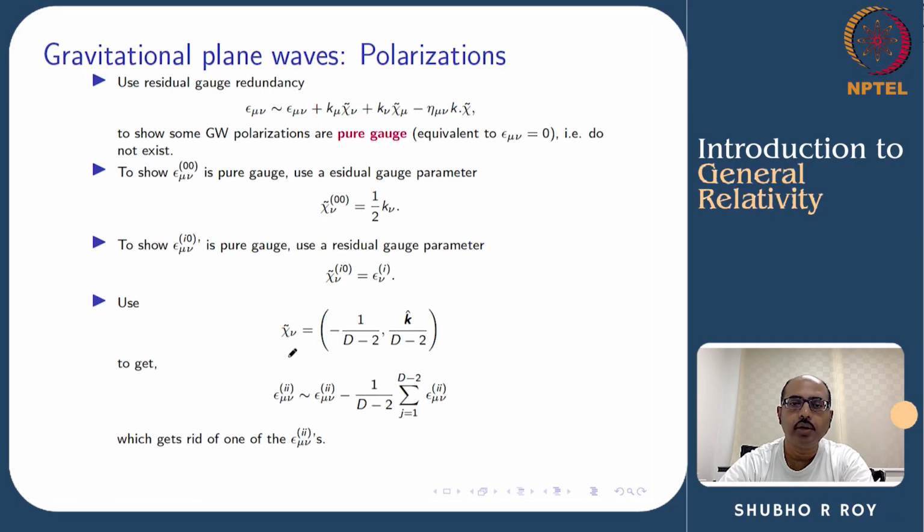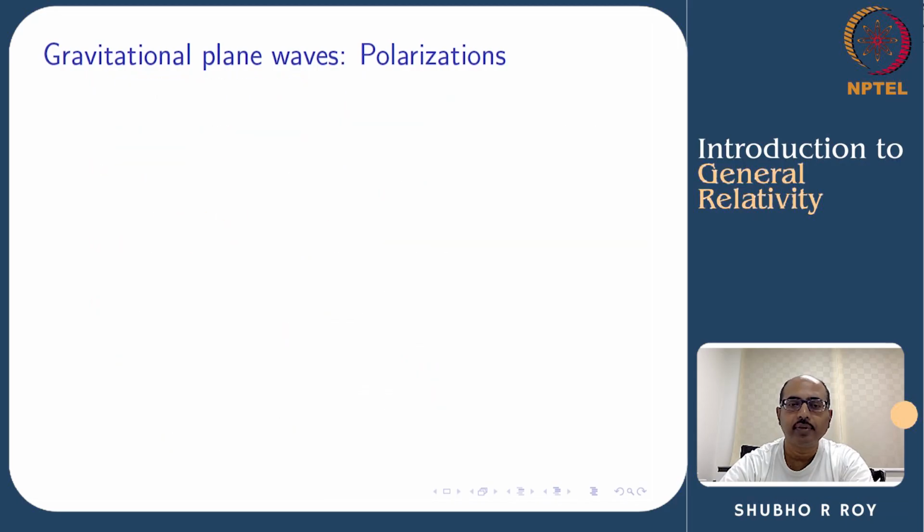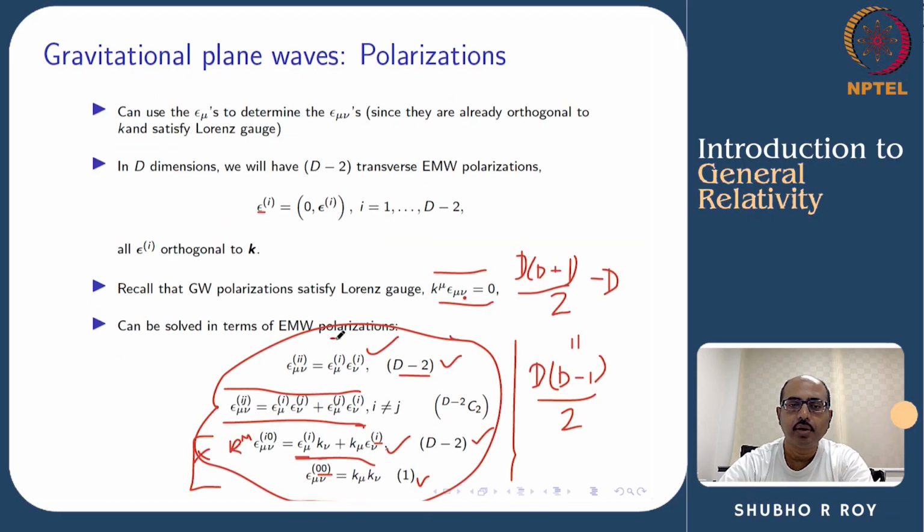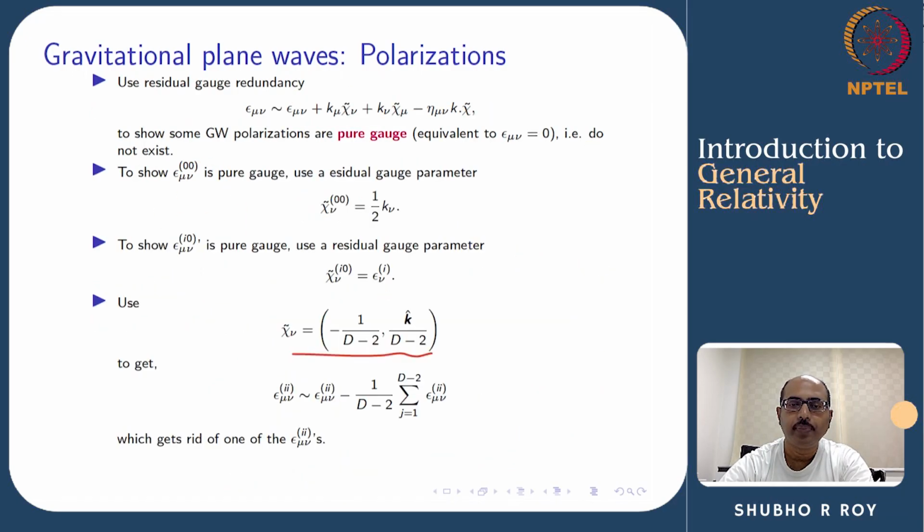Finally, you can use the gauge transformation with this gauge parameter and show that for the first class there are actually not d minus 2 but 1 less, because these are equivalent to these.